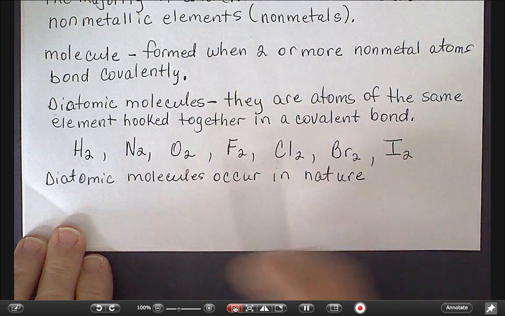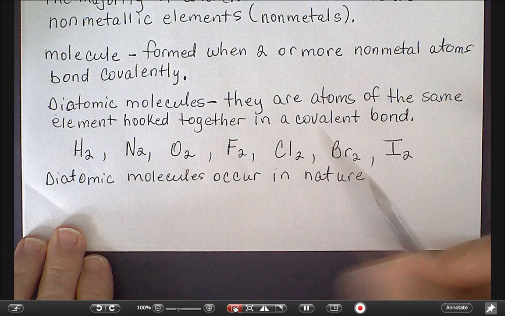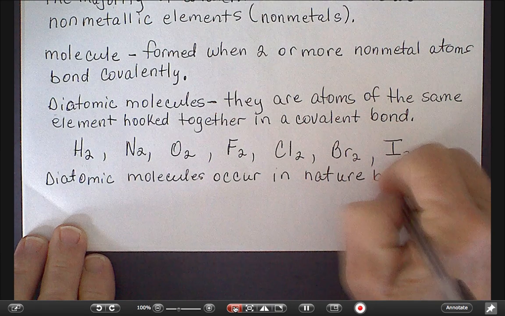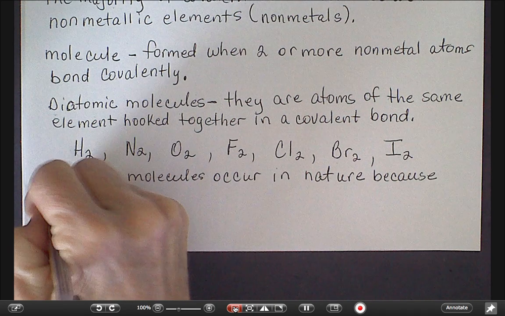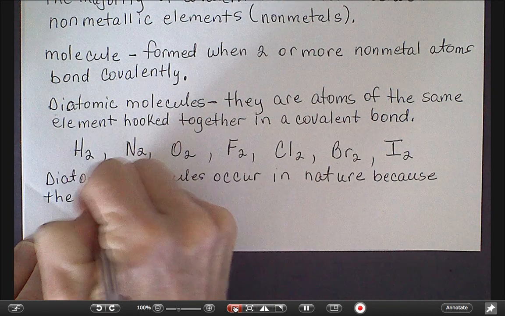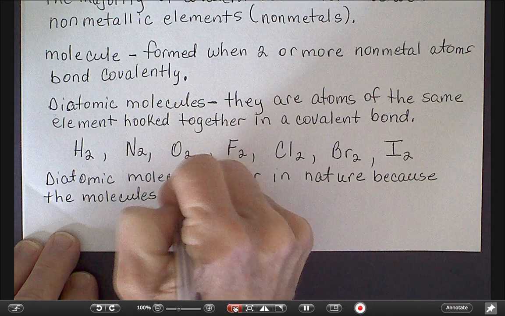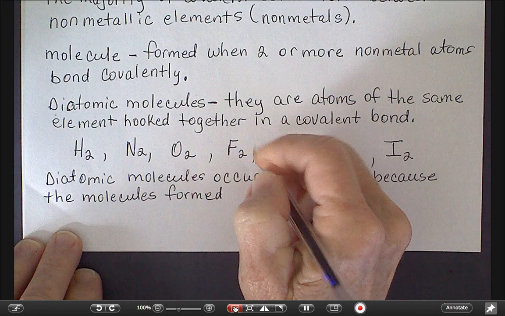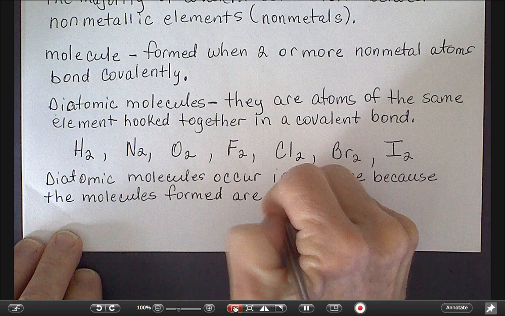Always hooked together, two hydrogens, two nitrogens, because the molecules formed are more stable than the individual atom.